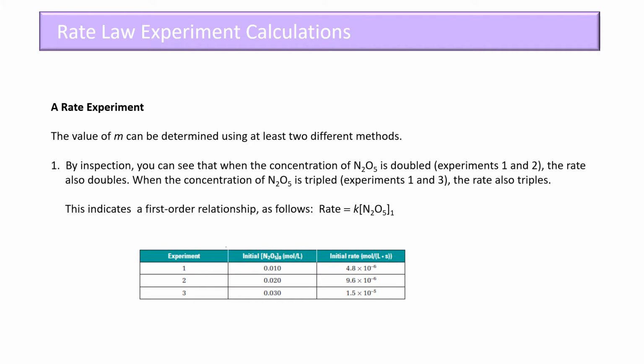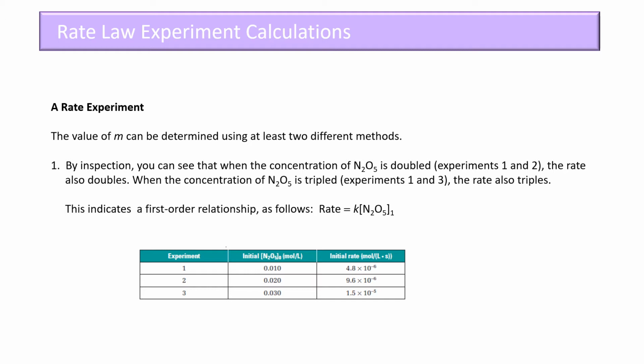The value of m can be determined using at least 2 different methods. By inspection, when the concentration of N2O5 is doubled, as shown in experiments 1 and 2, the rate also doubles.